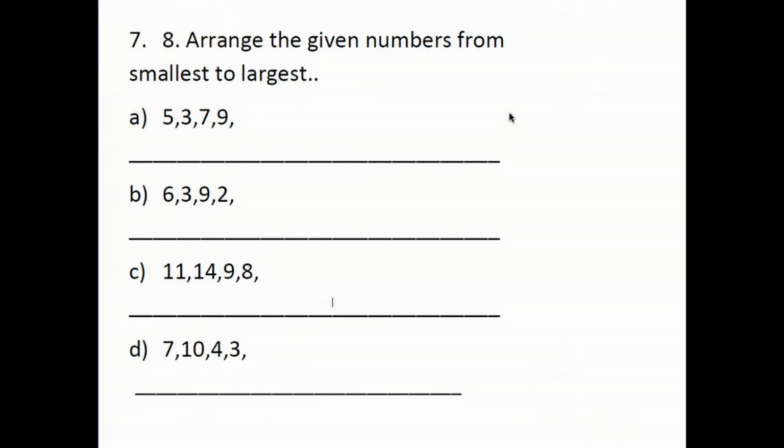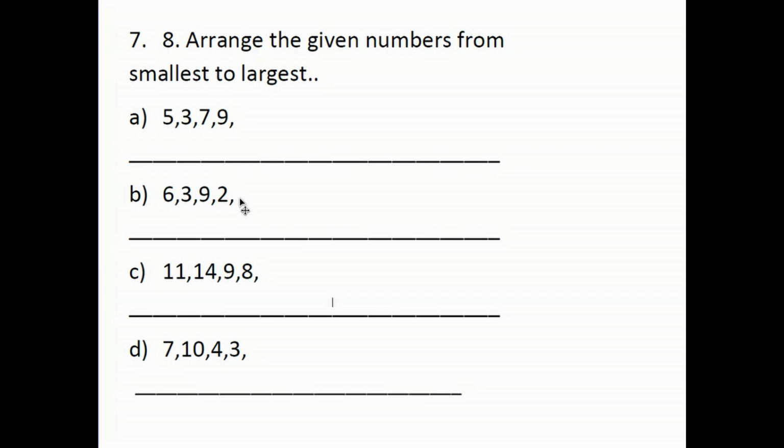And the next will be: arrange the given numbers from smallest to largest. The previous one is given in increasing order. Now the smallest to largest. Again, you are asked to arrange. This one is arranging numbers.